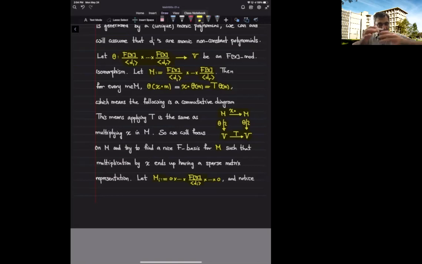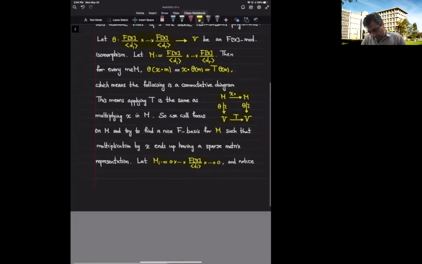So if a linear combination of them is 0, then all the coefficients are 0. Okay, so we get these subsets of M. They add up to the entire M, and they are linearly independent.